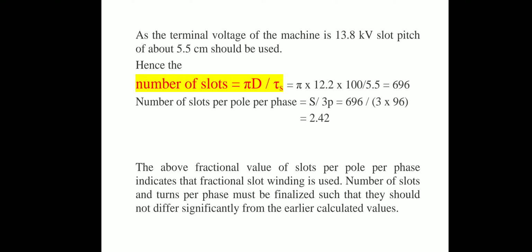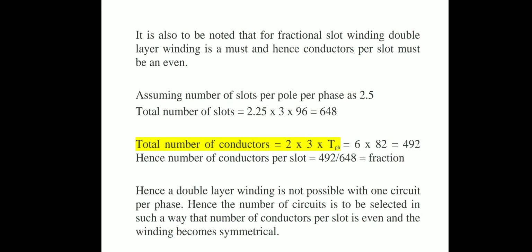It is clear? So the number of slots and turns per phase must be finalized such that they should not differ significantly from the earlier calculated values. It is also to be noted that for fractional slot winding, double layer winding is a must, and hence conductors per slot must be even.